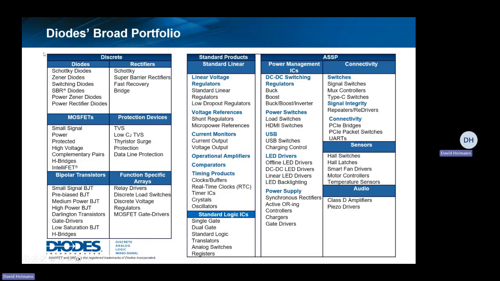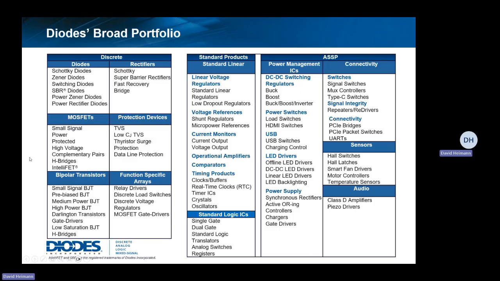So obviously, we still do have the discrete portfolio, which includes diodes and rectifiers. But we also have a very broad portfolio of MOSFETs. We're typically from 150 volts down in silicon MOSFETs, and from a performance, price, and capability standpoint, we're right at the state of the art.